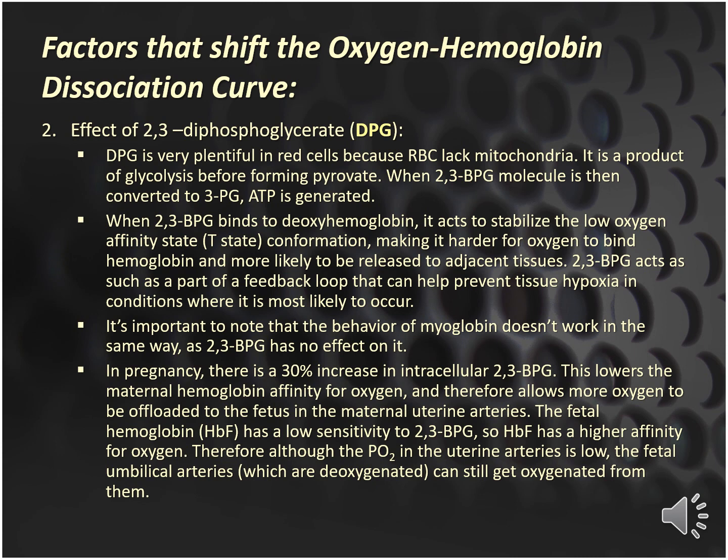Anyway, you should know that when 2,3-DPG or BPG binds to deoxyhemoglobin, it acts to stabilize the low oxygen affinity state, or the tense state conformation, making it harder for oxygen to bind hemoglobin and more likely to be released to adjacent tissue. 2,3-BPG acts as a part of a feedback loop that can help prevent tissue hypoxia in conditions where it is most likely to occur.